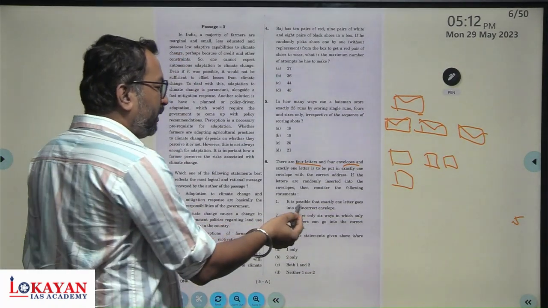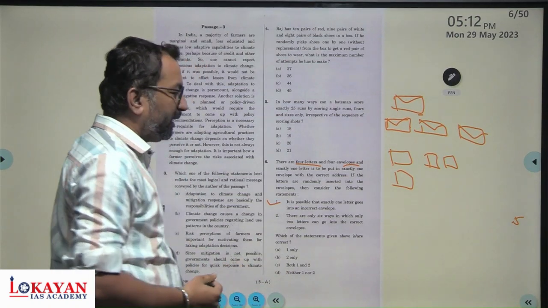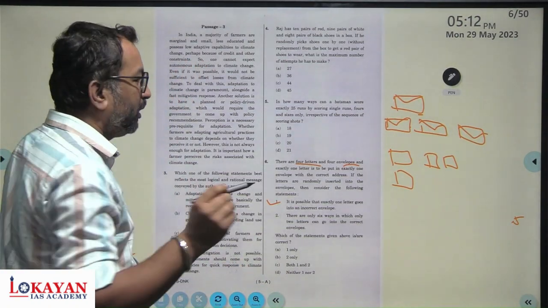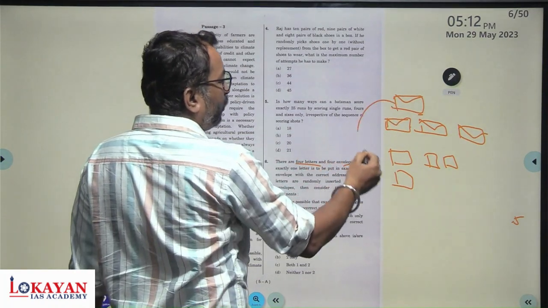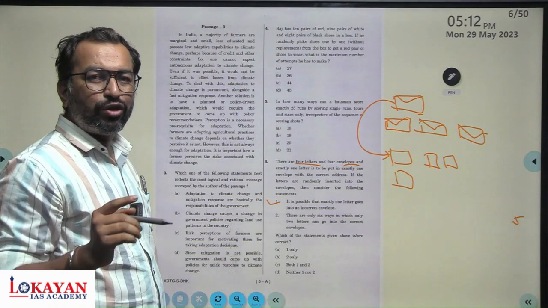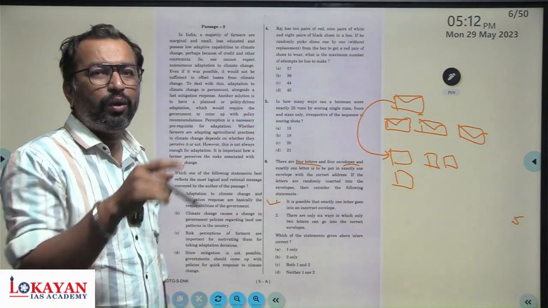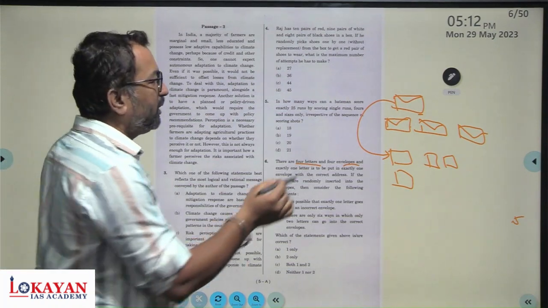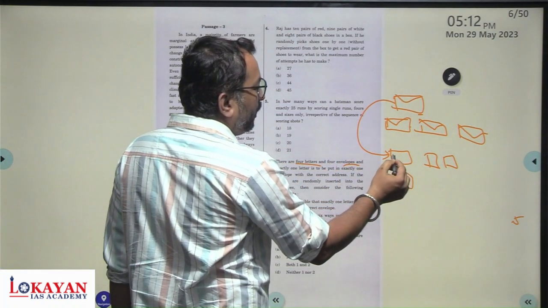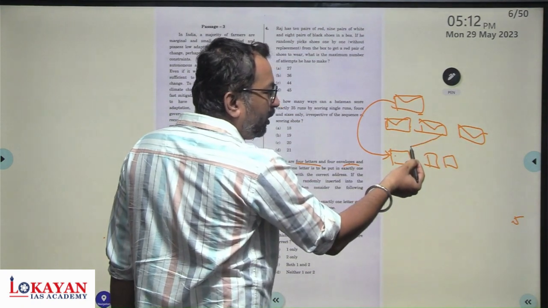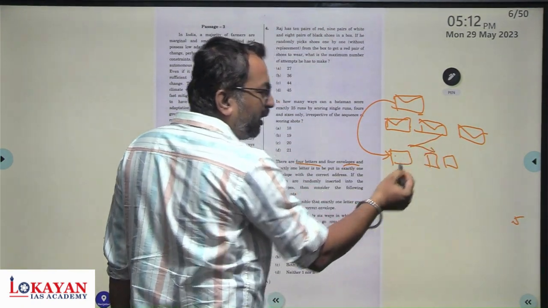It is possible that, first statement says, it is possible that exactly one letter goes into an incorrect envelope. Suppose this letter goes into this envelope, which is an incorrect envelope. So is it possible that only one letter can go into an incorrect envelope? It is not possible. If this letter goes into the wrong envelope, that means there must be a right letter for this envelope, and which has been put in another wrong envelope.